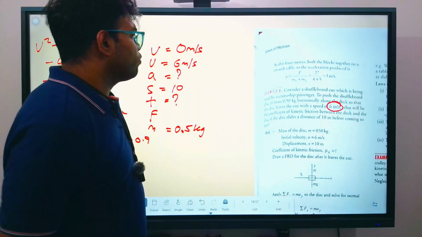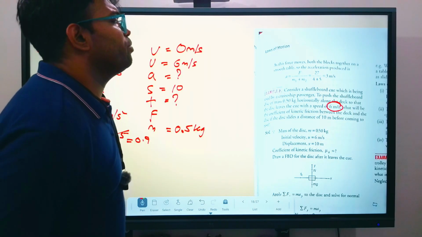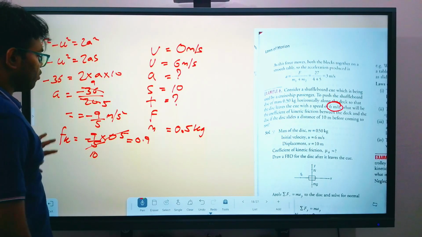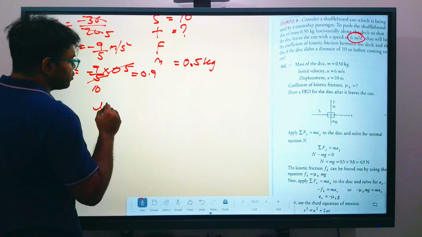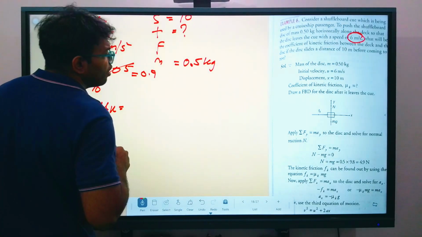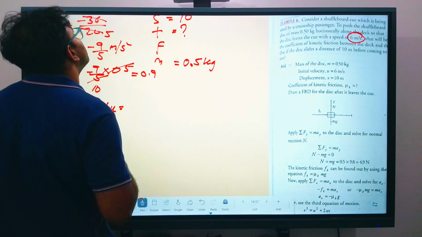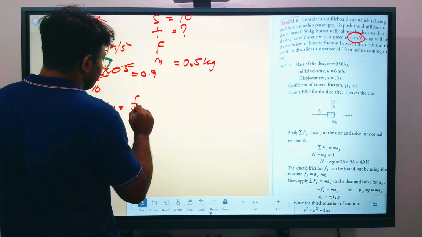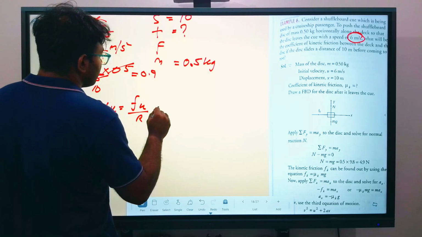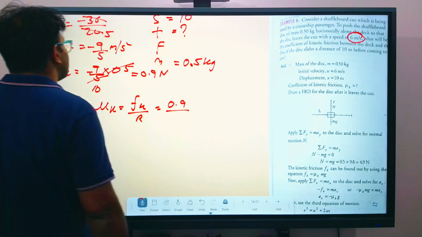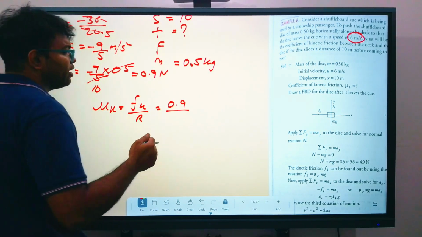What will be the coefficient of kinetic friction between the deck and the disc? Okay, so the coefficient is equal to how much? Mu of k is equal to f of k upon R, which is 0.9 upon R. R is equal to mg only.